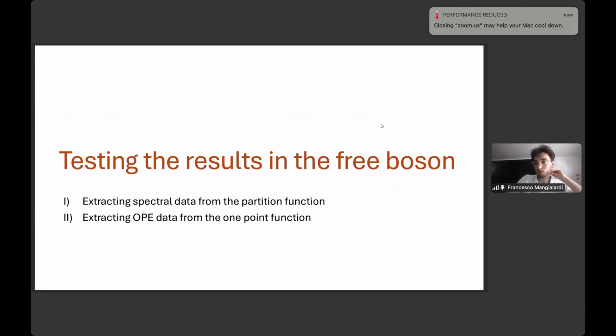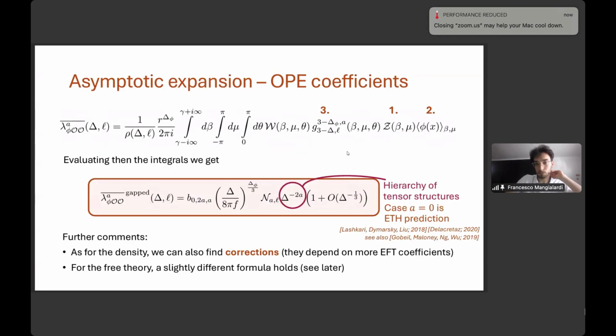So can you specify a bit better this matching or not matching with ETH? So you said A equal to 0 matches the ETH prediction. Yes. But this means higher tensor structures do not match? It's not that they do not match. The basis of tensor structures that people use in ETH is another one, where these other bases contain basically the same amount of our dominant tensor structure.